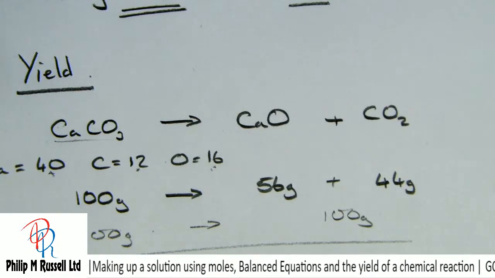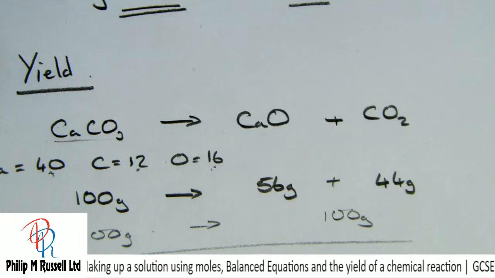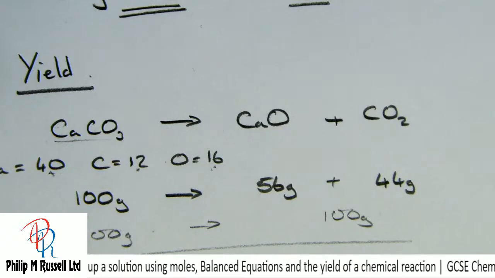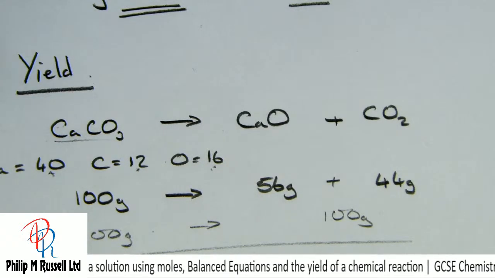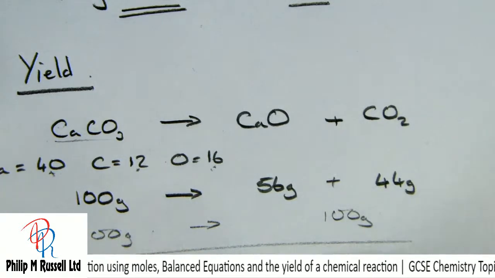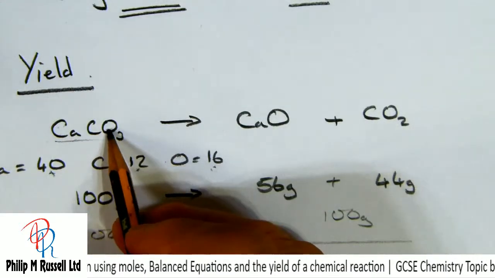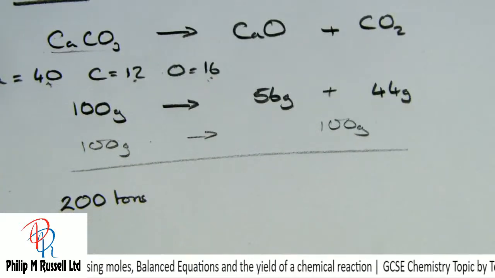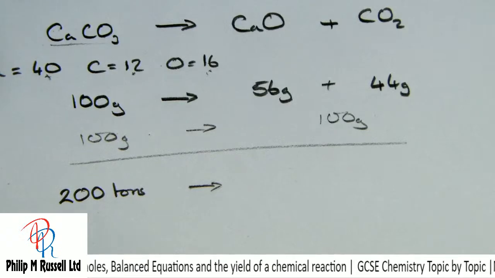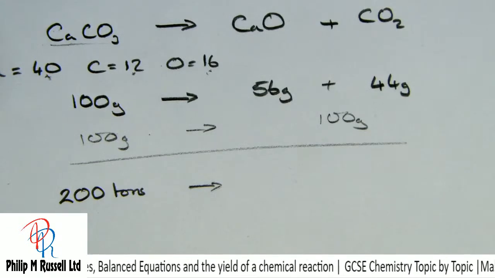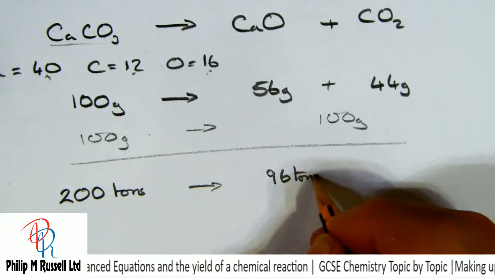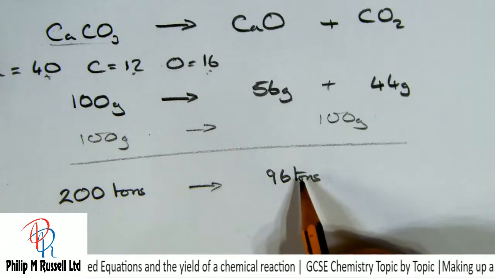Now, to work out yield, we might be given some facts, and they may say that a company might take in 200 tons of limestone, calcium carbonate, and what they get out of here when they do it might be 96 tons of calcium oxide.